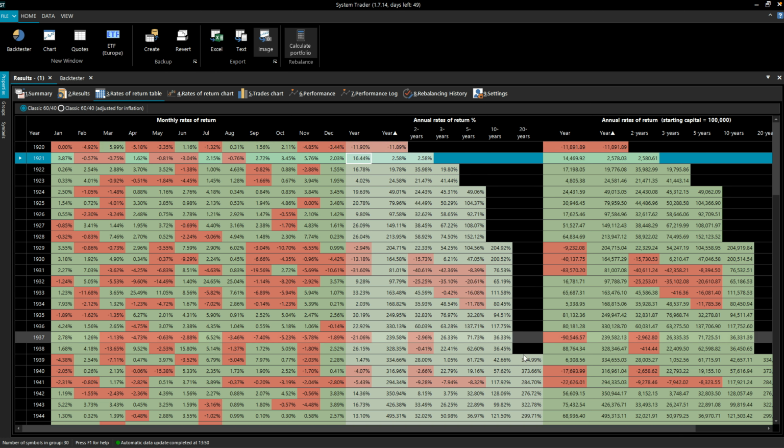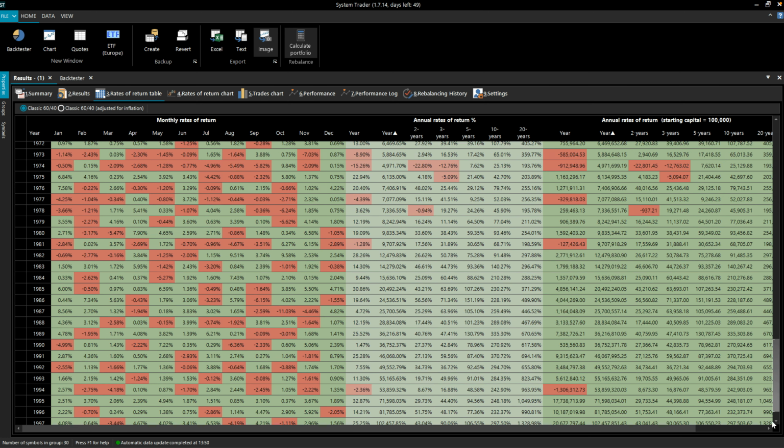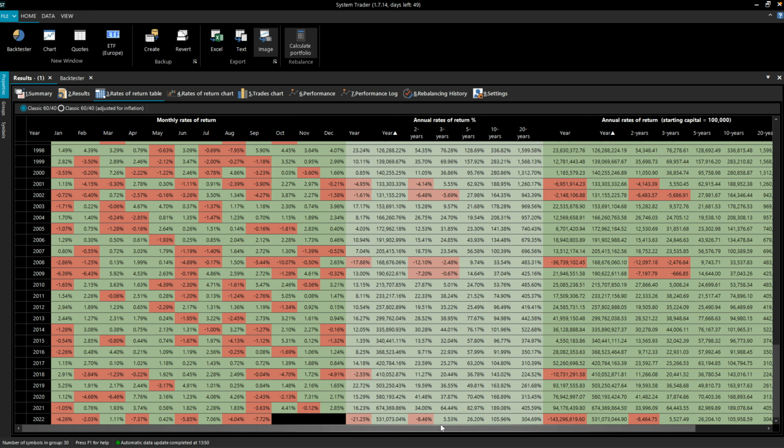So for example, if we go to our times, you can see that in 2022, the last 20 years, that portfolio had a profit over 300%, but the last 2 years were negative. We had a loss of minus 8%.